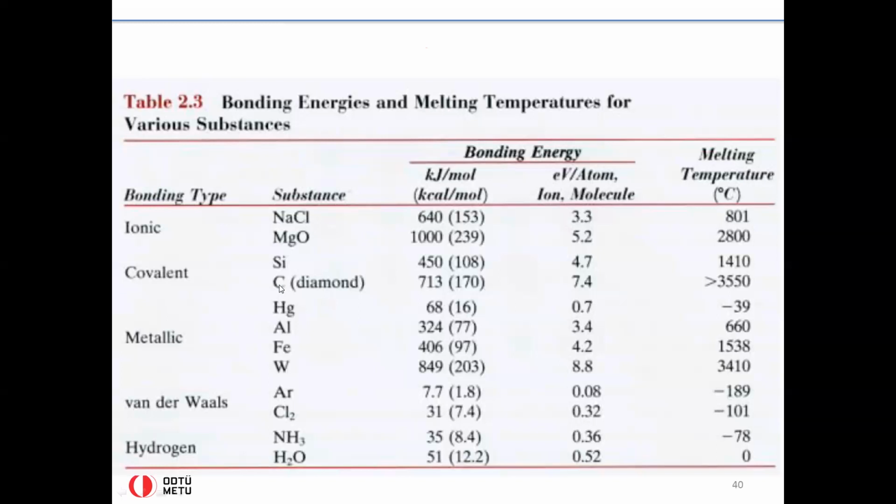You see that the bond energy in carbon, shown simply by C, or in diamond, shown simply by C, is lower than that in magnesium oxide. So you see also that there are overlaps.